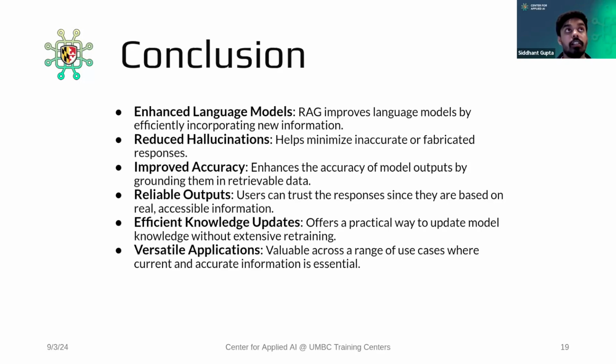The accuracy that we got, me and Devin personally, in the lab is too good, and we love RAG. We love working with RAG. The outputs are reliable because you can program it to tell you the document that it fetched the answer from, so that you have proper documentation and proper citations, and efficient knowledge updates. We can put new knowledge into the large language model. So that's not a problem.